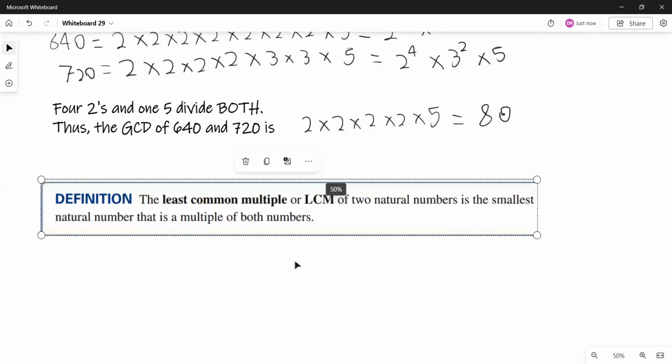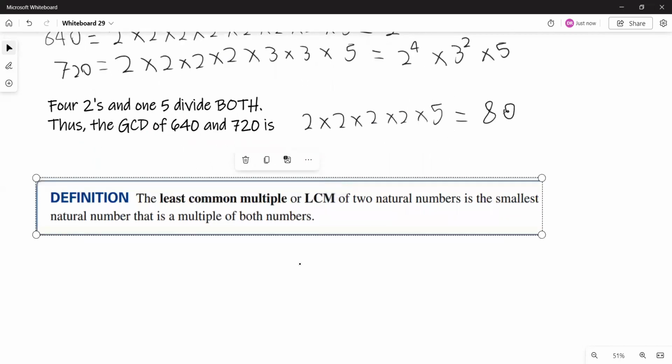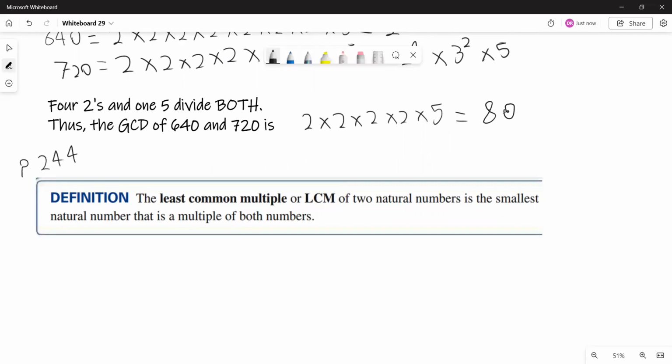Okay, so that's on page 244. The least common multiple, or LCM, of two natural numbers is the smallest natural number that is a multiple of both numbers.